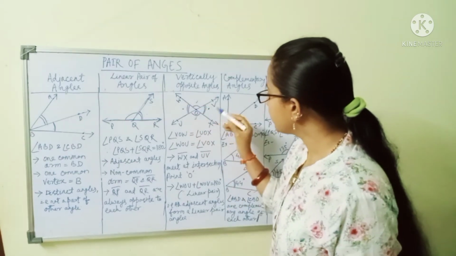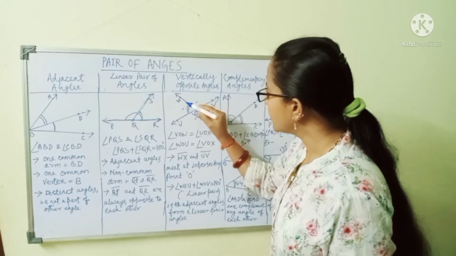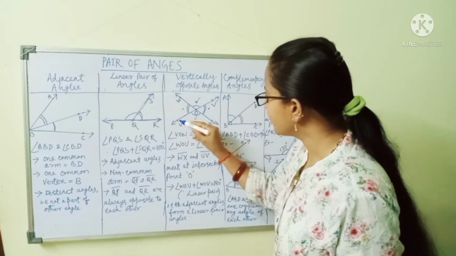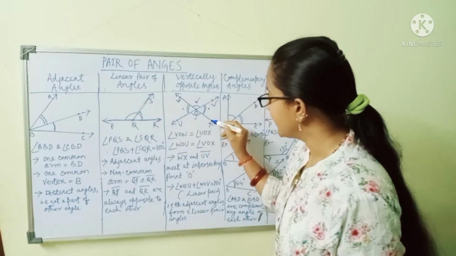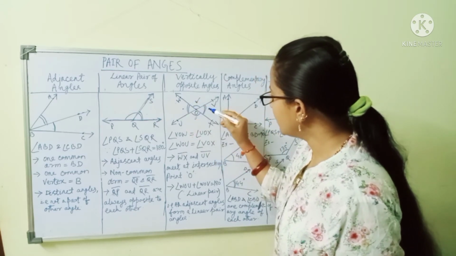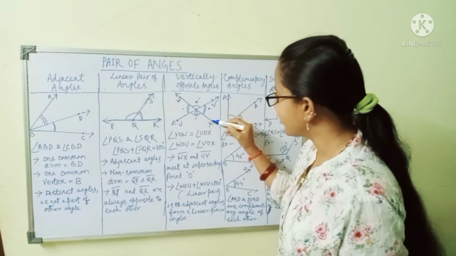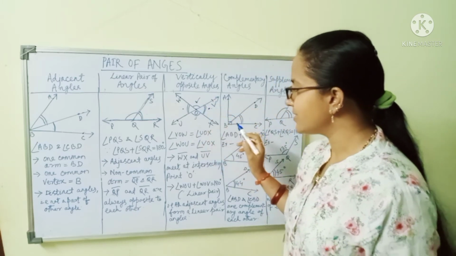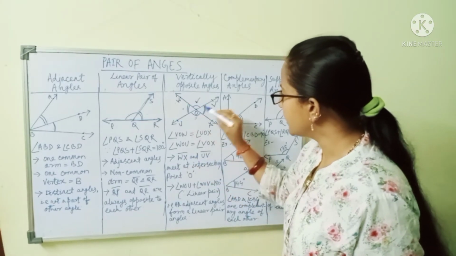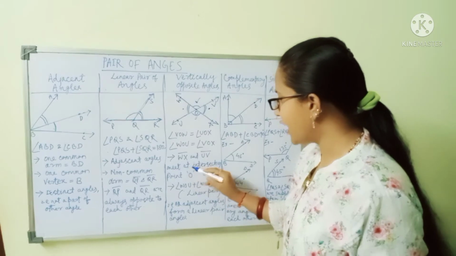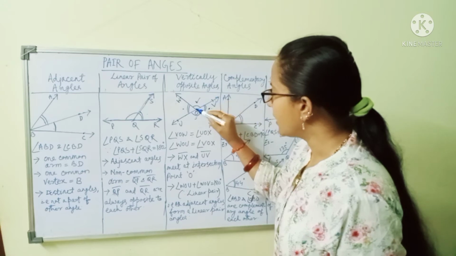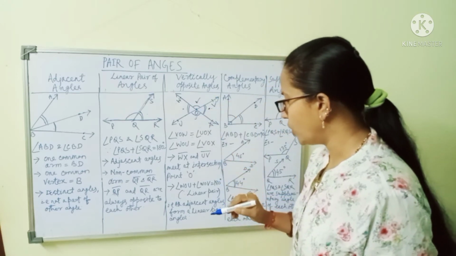So VOW is equal to UOX, and WOU angle is equal to VOX angle. So they are always equal. Why? Because WX and UV meet at the intersection point O. They intersect each other and always meet at the point O.